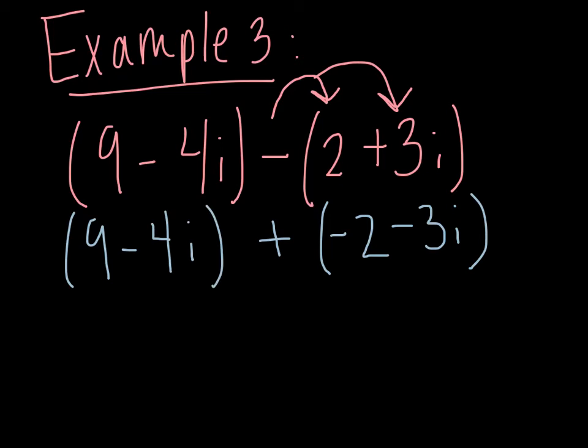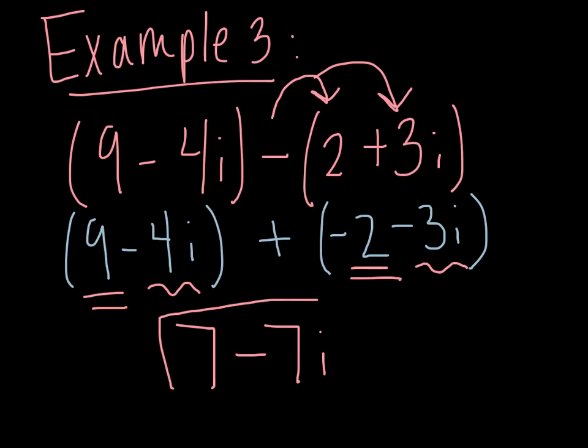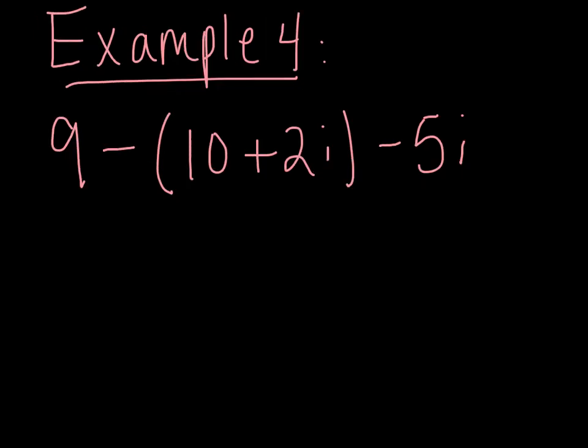Okay, so combine our real parts and our imaginary parts. 9, -2 gives us 7. -4i, -3i gives us -7i. So you see here in our final answers, our i is only i to the first. Not i to the second, not i to the third, i to the first.